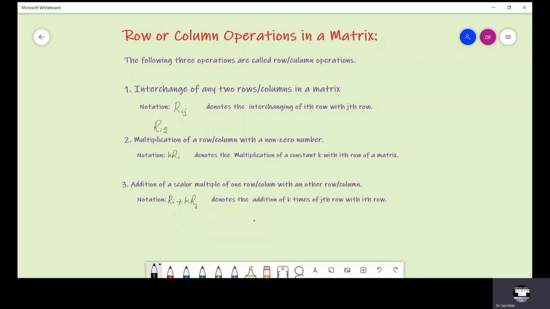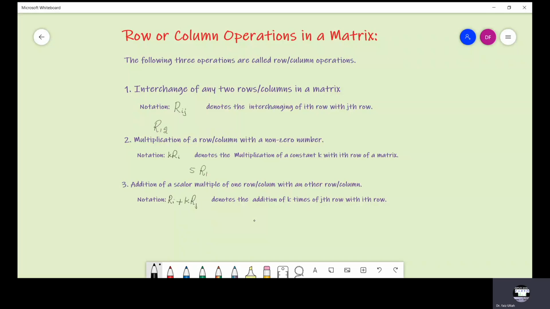The notation which is used for this operation is kRi. kRi denotes the multiplication of constant k with ith row of a matrix. Let me write 5R1, which means multiplication of 5 with each element of row 1.